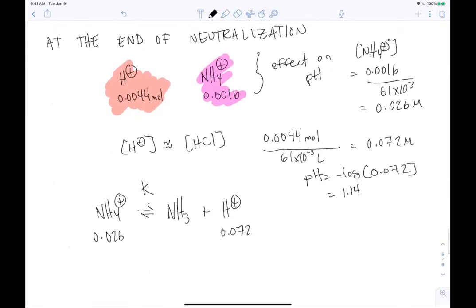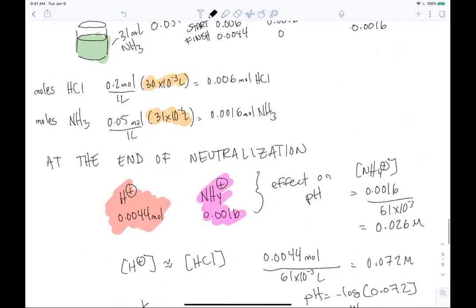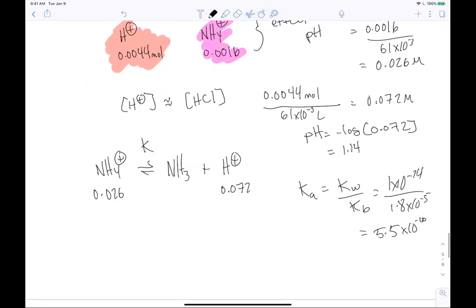So we know that Ka is going to be equal to Kw over Kb, which is 5.5 times 10 to the minus 10th. So we know that this is going to be a very small contributor to begin with.